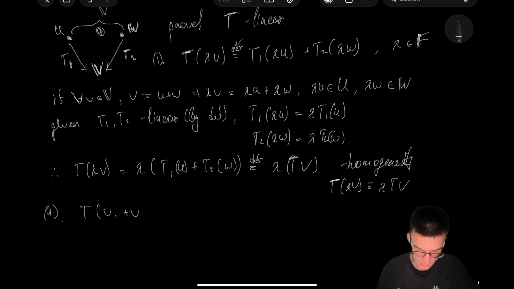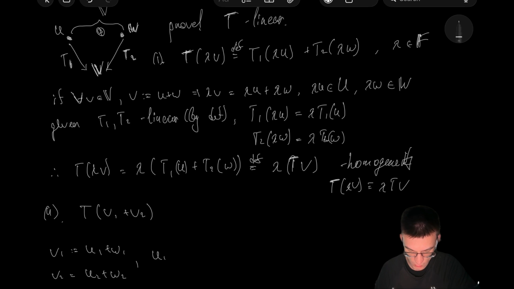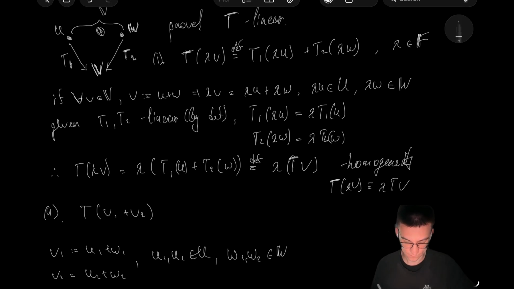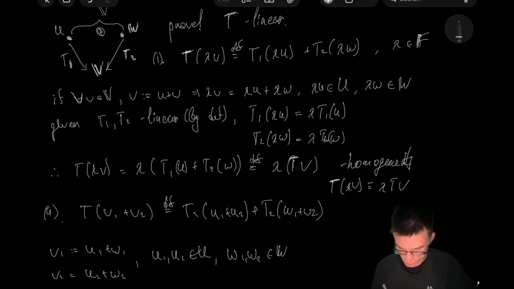Now let's prove additivity. Suppose we have v1 plus v2. v1 can be represented as u1 plus w1, and v2 can be represented as u2 plus w2. u1, u2 belong to upper U, and w1, w2 belong to upper W, so T of v1 plus v2 can be represented as T1 of u1 plus u2 by definition, plus T2 of w1 plus w2.